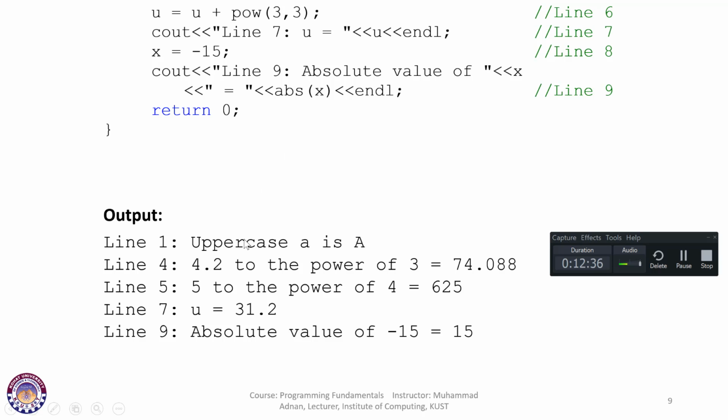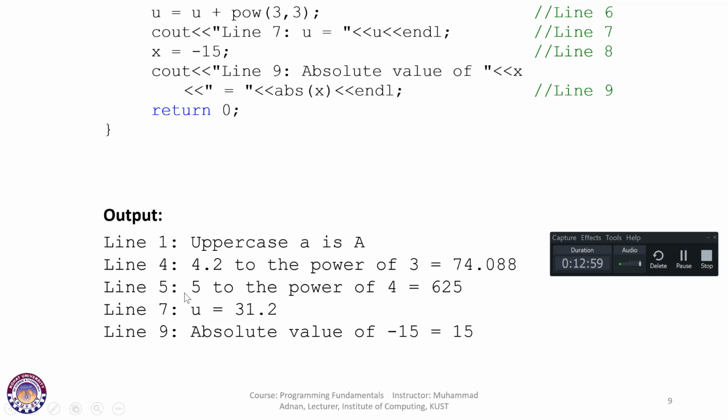So here is the output. In line number 1, uppercase of a is the letter A. So static_cast to character was used to convert it into the character variable. Then in line number 4, 4.2 to the power of 3 is 74.088.